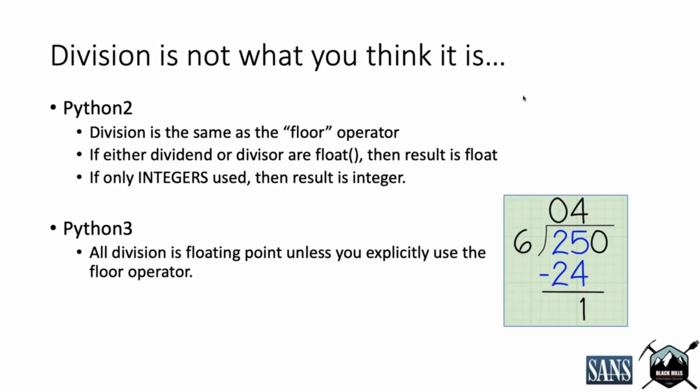You can change that behavior in Python 2 if the dividend or the divisor are actually floats. For example, maybe 5.0 divided by 3 or something like that. In Python 3, all division mathematically is going to be floating point unless you explicitly use the floor operator, which is a double slash. Let's look at a couple of examples of this.